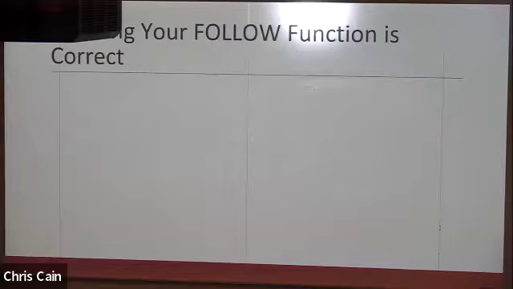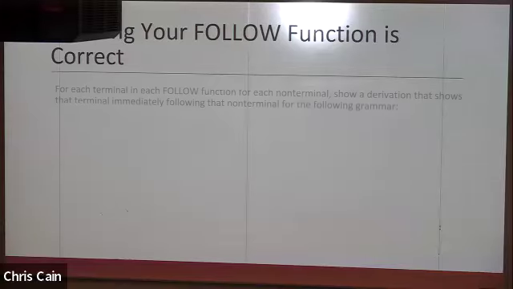Similarly to what we did for first, we can verify that our follow function is correct, going through the logic that I've mostly drawn out on the board. So for each terminal in follow, we'll just draw out some tree and then think about a depth-first search traversal of that tree. Note that it does not have to be a binary tree. We did that with a tree with a branching factor of up to 4 in the last grammar, but it doesn't really matter. It's still a pre-order traversal.